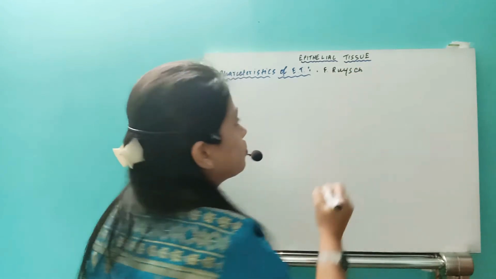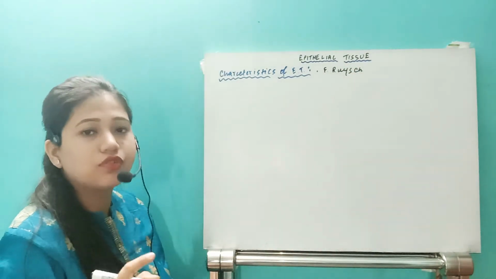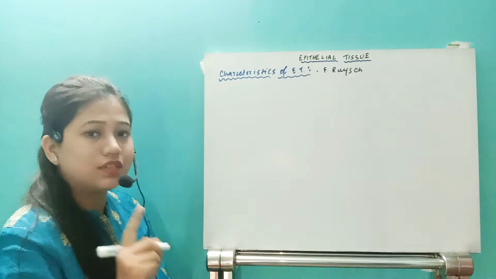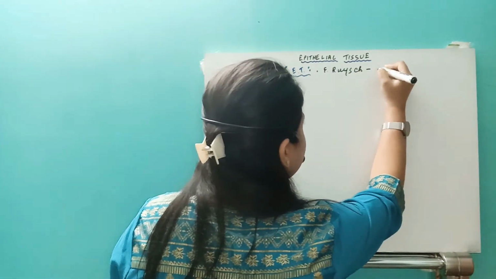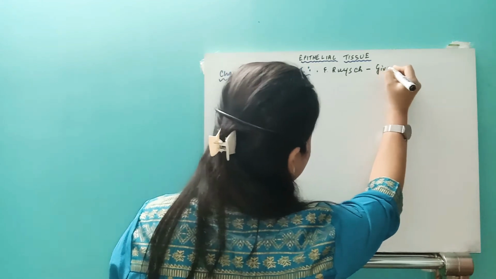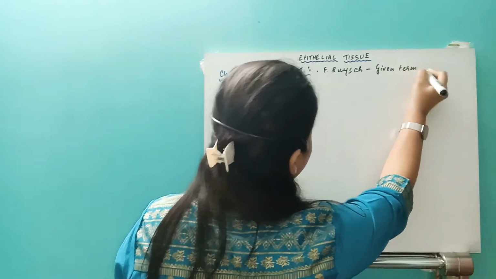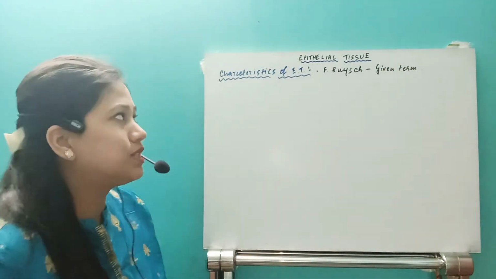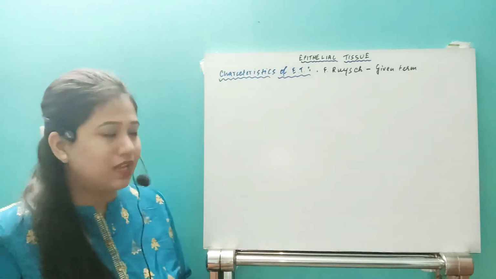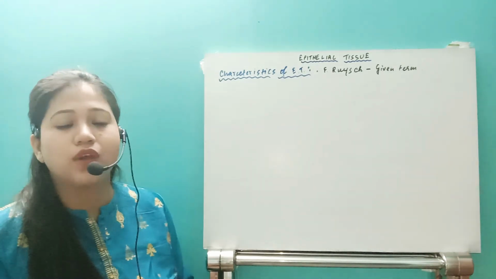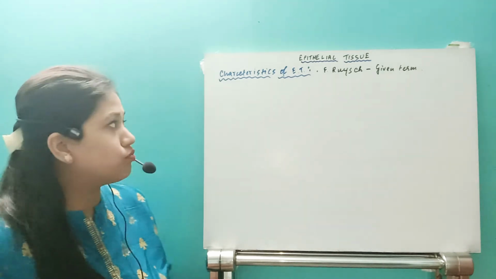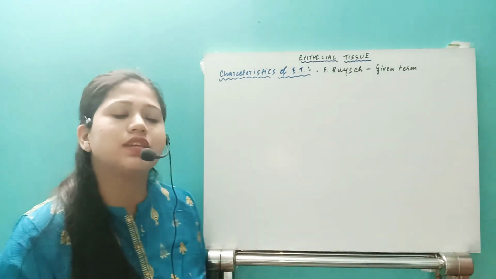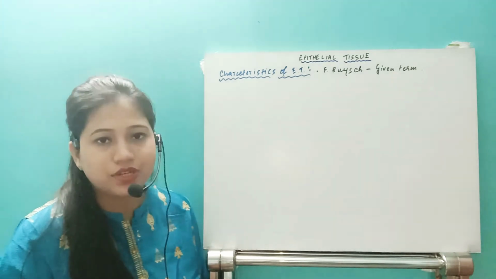So Frederick Ruysch is the scientist who first discovered the epithelium, and he is the one who gave the term epithelial tissue. Now after that, let us move to the characteristics.